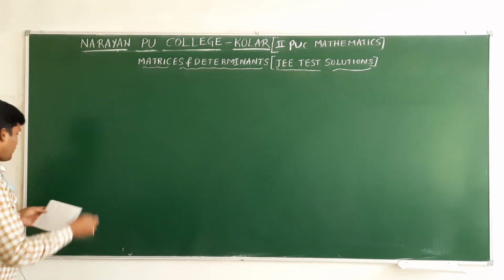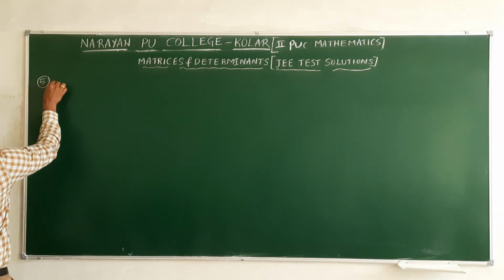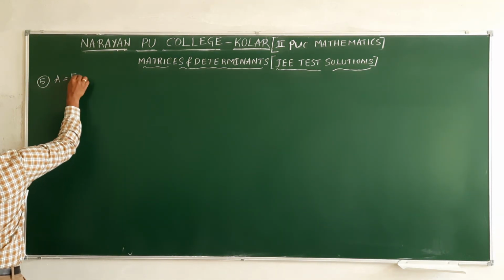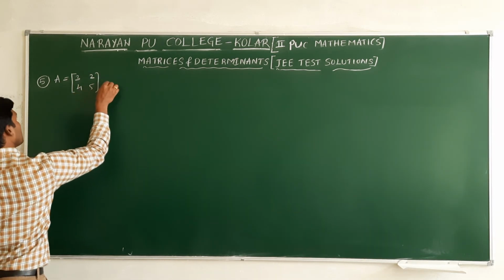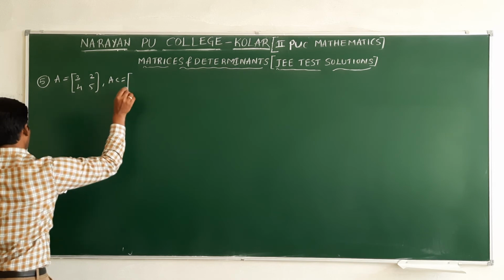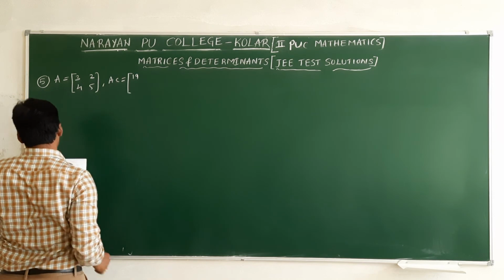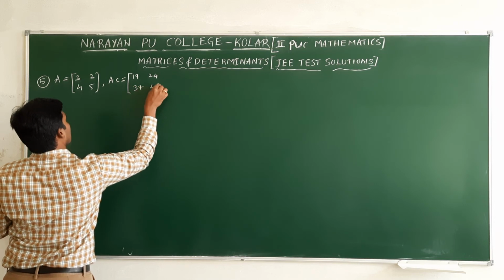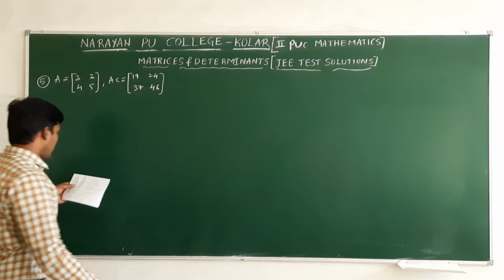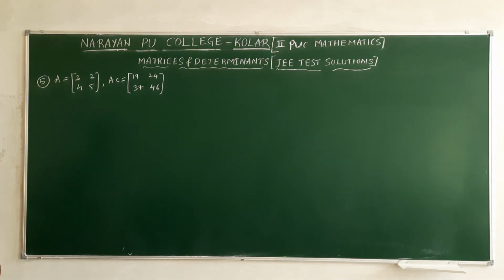Next, question number 5. A equal to 3, 2, 4, 5. AC equal to 19, 24, 37, 46. Here we need to find C matrix.